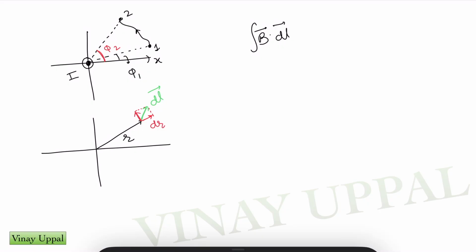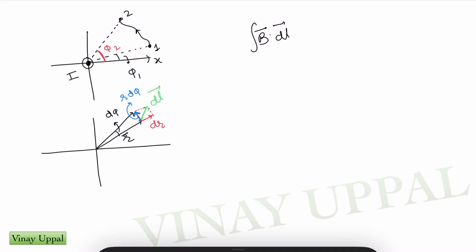If you notice, if I travel perpendicular to r by an infinitesimal amount, the position vector will rotate by some angle d phi. Let me draw a blue line here. This blue line can be approximated as an infinitesimal arc of a circle of radius r, and therefore it will have a length of r d phi.